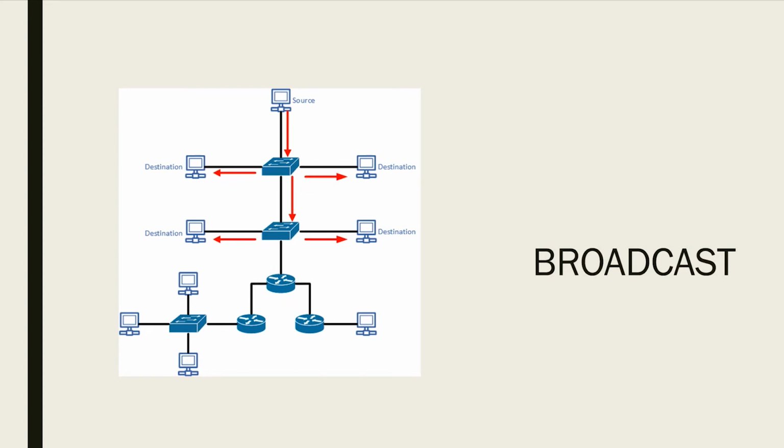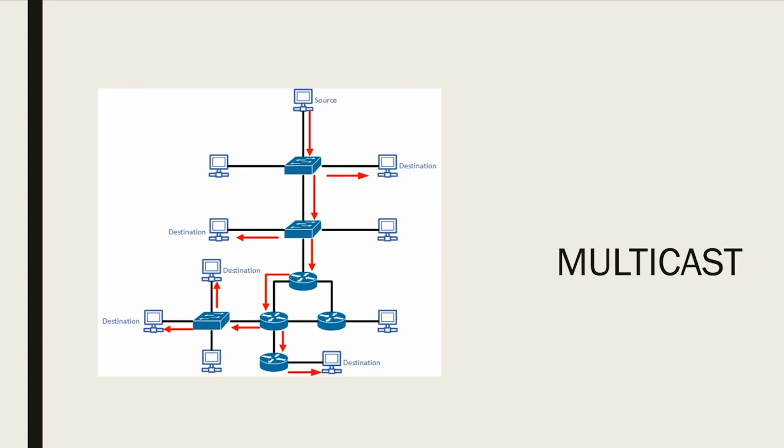And obviously, the next successor from that is then multicast. So you've got one single source. It is sending one single stream into the network. And then that one single stream is then being duplicated at the points that it needs to be duplicated. So this switch, if it's running IGMP snooping, a protocol that I'll touch on in a few moments, it will only duplicate the traffic to the given destination that has requested it.